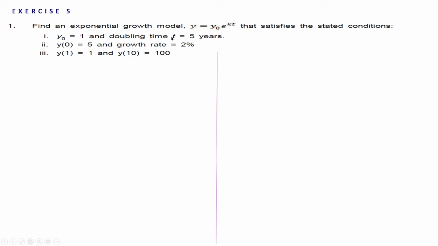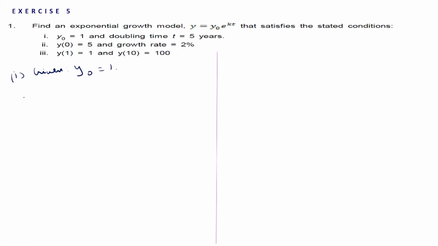So the first subdivision, given y naught equal to 1. So y naught is already given here, and then it is given doubling time T equal to 5 years.